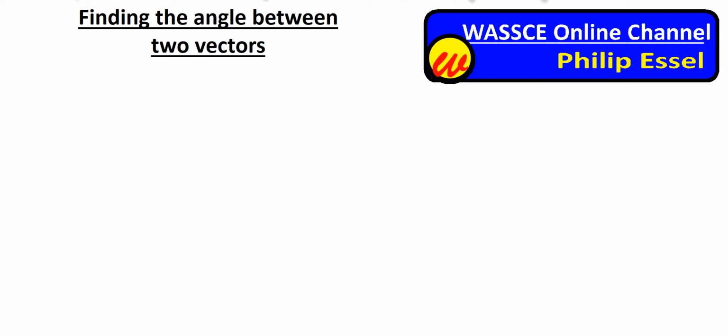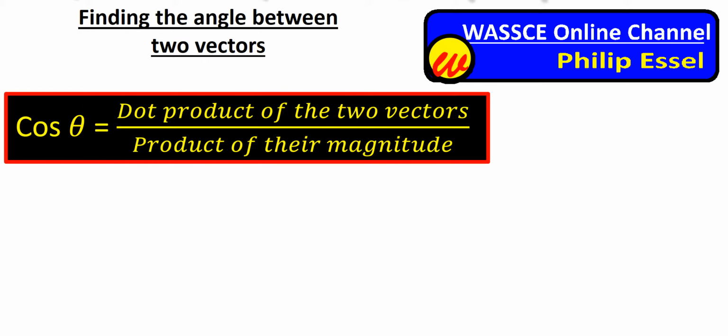To be able to do this, we would need this formula. This formula states that cos theta is equal to the dot product of the two vectors involved divided by the product of their magnitudes. Remember, the theta here is the angle between those two vectors.